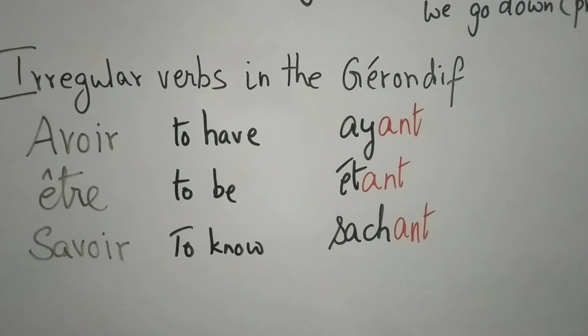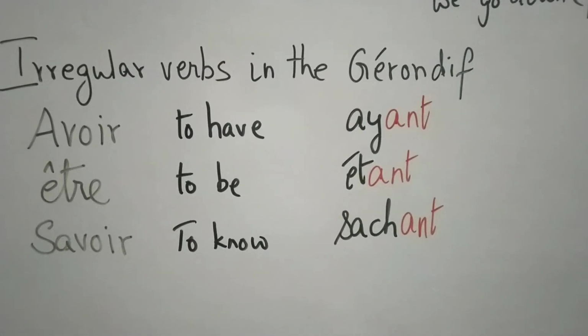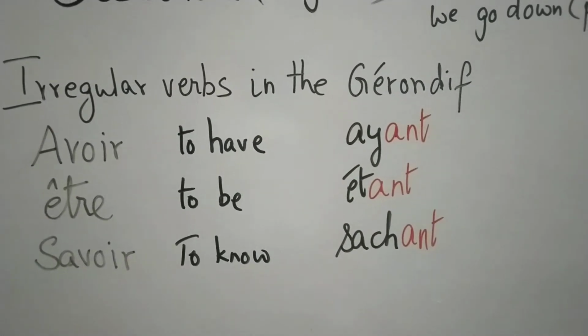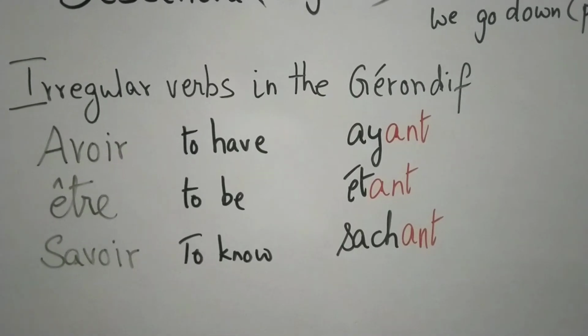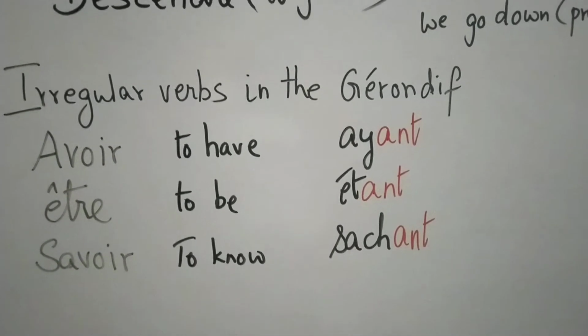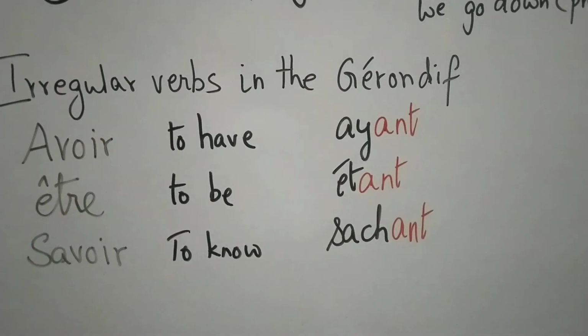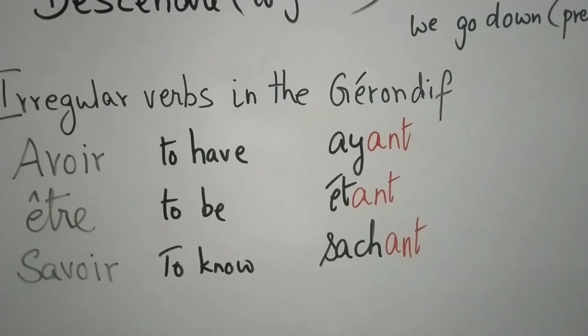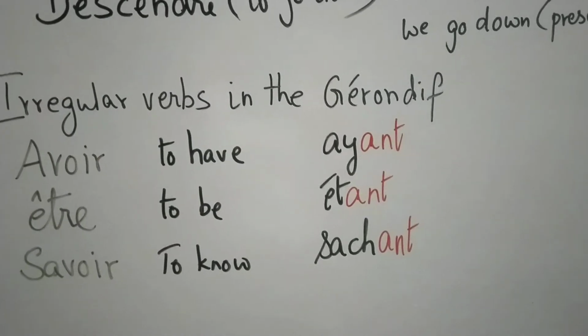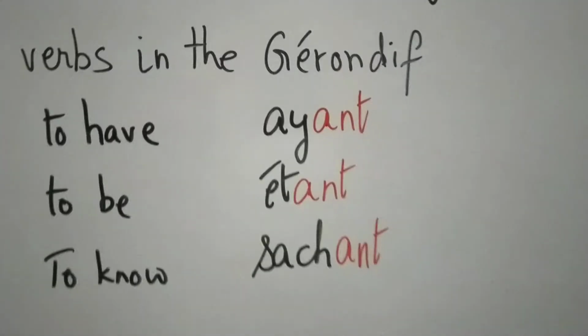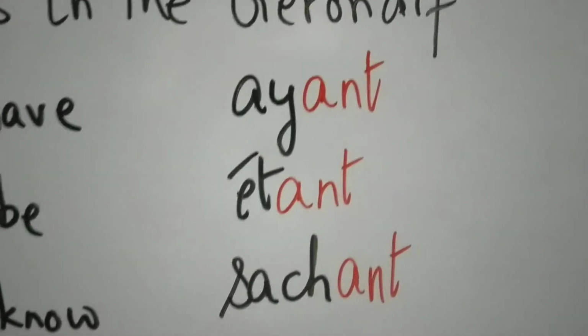The second irregular verb is être, and we all know that when we conjugate être with nous in the present tense, you won't have an ons ending to cut off, because you have nous sommes. So the irregular stem of the verb être is é, t, to which we add ant, and that becomes étant, which means being.